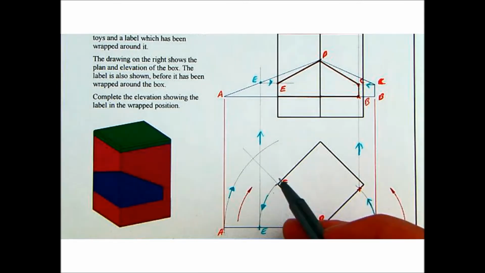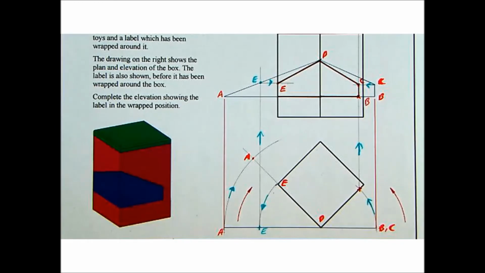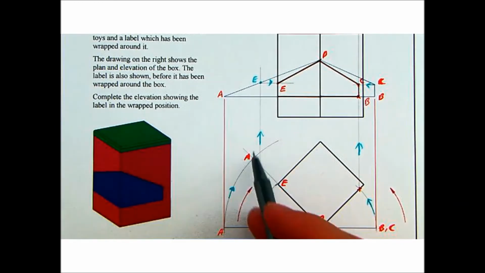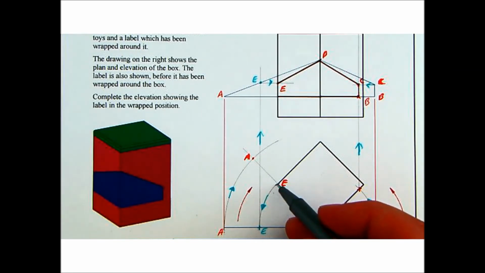We still have this section here of the wrapper, or the label, to go. We have that little bit left, and A is right on the bottom with the height of it here. The label got rotated around point D up to the edge here. Now we're rotating at that corner, that edge of the box.